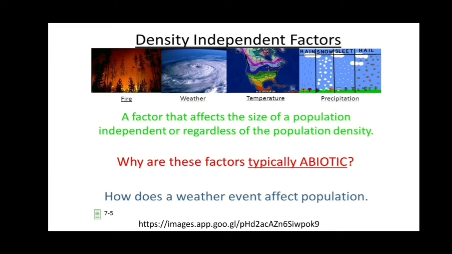A severe storm may kill more than 70% of a bird species. Some die due to direct fire. The others who survive will also die because of inadequate food, water and shelter because of the jungle fire. The density independent factor determines the population changes and sets the stage for the existence of the population.